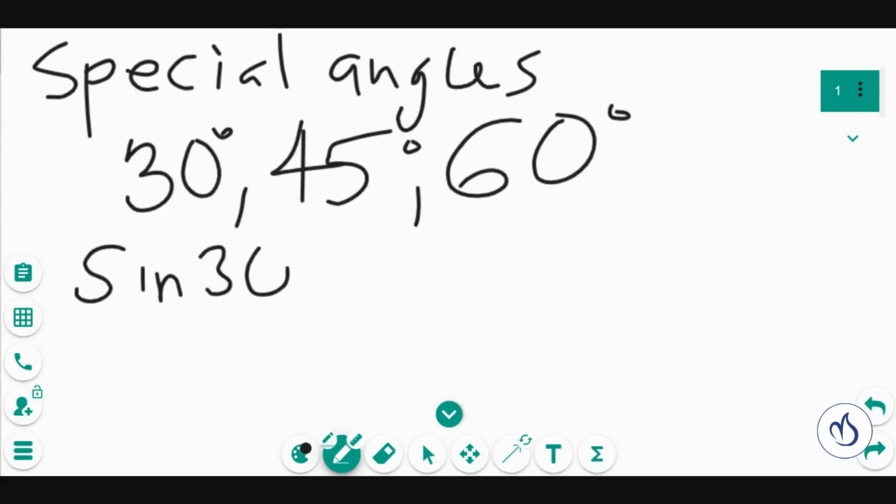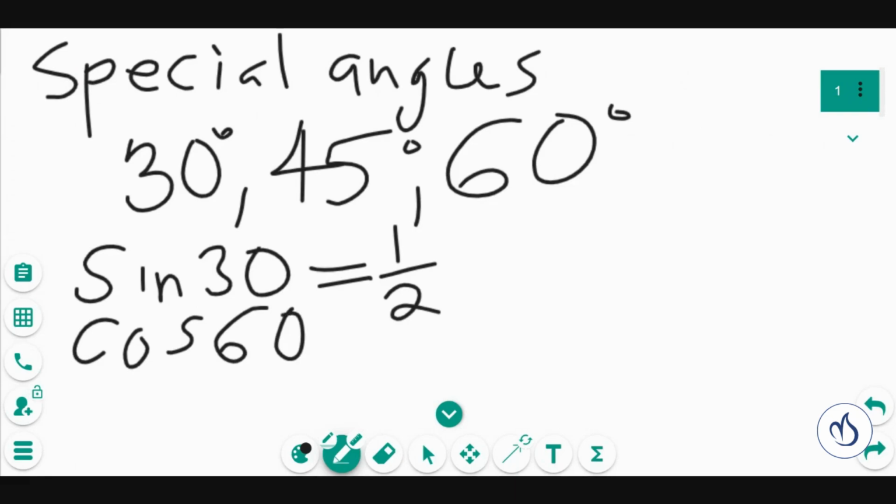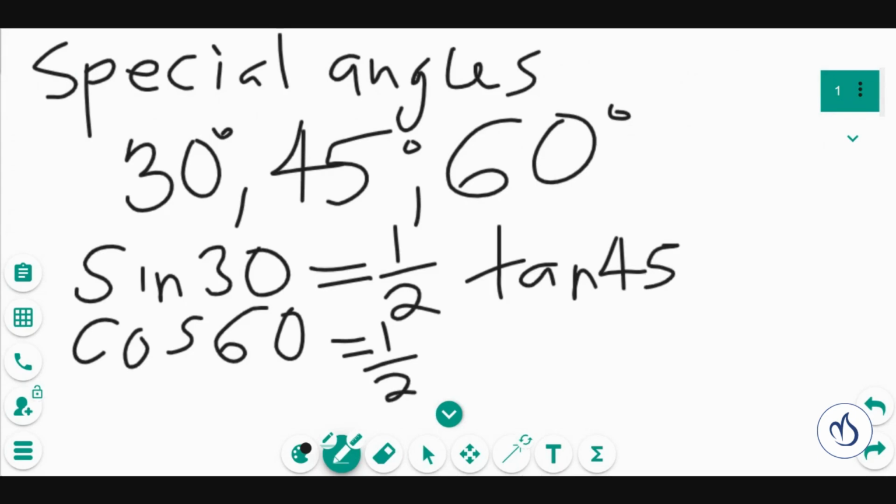The sine of angle 30 is a half. The cosine of the angle 60 is also a half. And then the tangent or the tan of angle 45 is a 1.